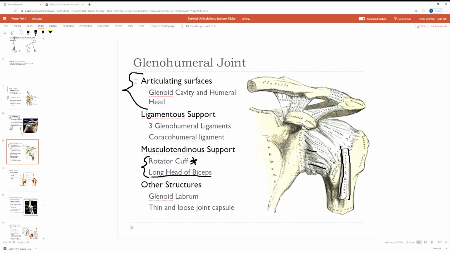This tendon is super interesting. It actually goes under these ligaments under the capsule and connects not to the coracoid process here, but behind it, the supraglenoid tubercle. And you can see how it would sort of support the head of the humerus anteriorly and superiorly.